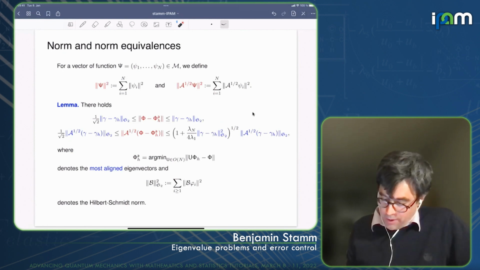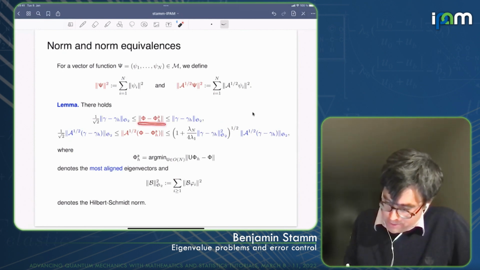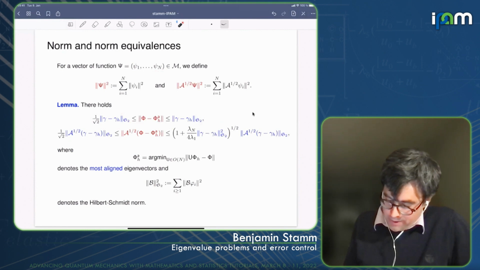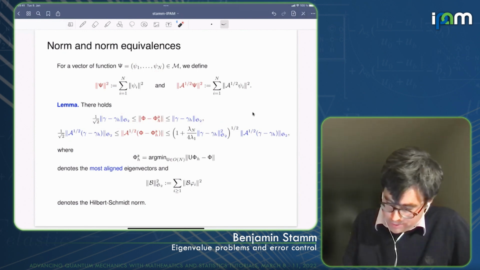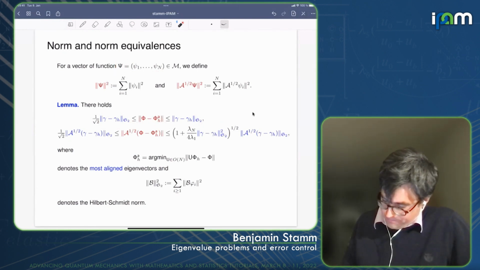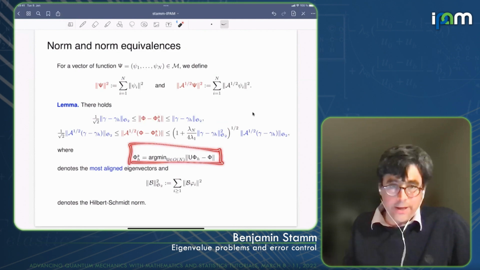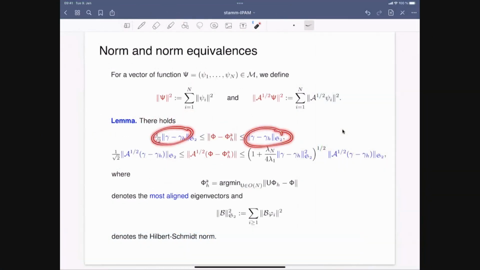Okay, then you can relate the error in the orbitals here to the error in the density matrices. But here you cannot just take an arbitrary one. I want to compare this with this, but I need to align the vectors, right? Because these are about spaces and projections, but I might have two different frames that are not aligned. So you have to align them with an optimization procedure, at least on paper. This is just for the sake of analysis.